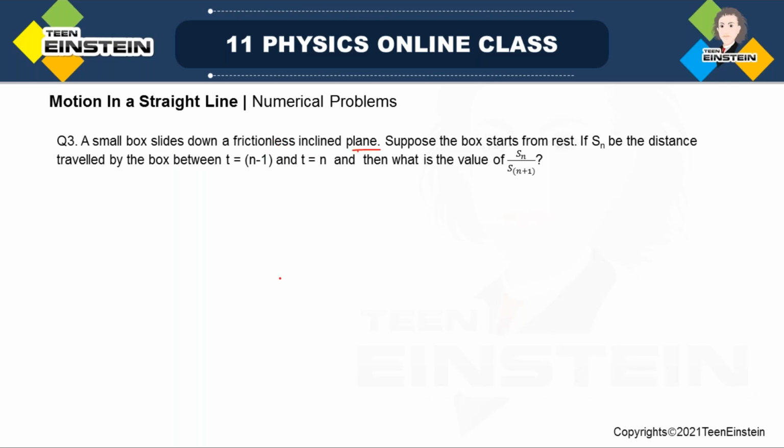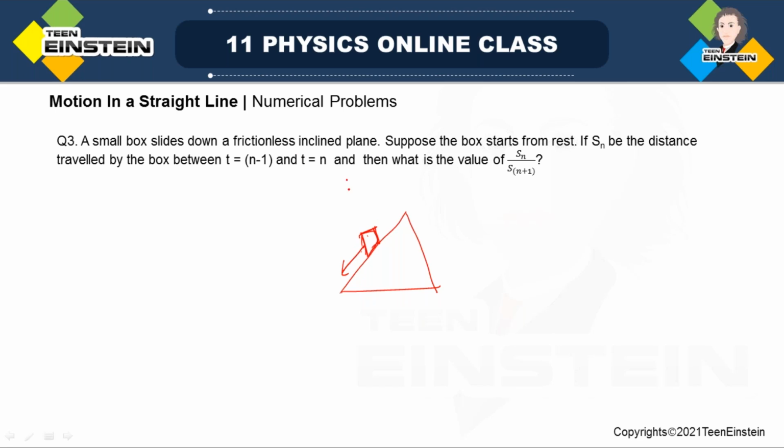We'll see this kind of problem again in the laws of motion, in the next two or three chapters. But here you don't have to put in much effort. This needs a simple formula and simple knowledge.